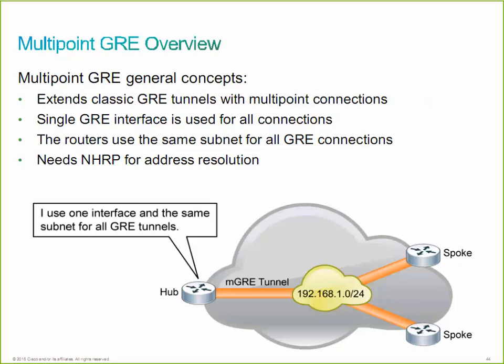It's going to dynamically register the mappings of the tunnel interfaces, which are virtual, and the physical interfaces of the other peers. All right? Now, what does this provide for us? Well, it provides us the ability to do dynamic registration, and it also allows the use of dynamically assigned addresses at the spoke side, which means that we don't have to have these static configurations in our GRE configuration.